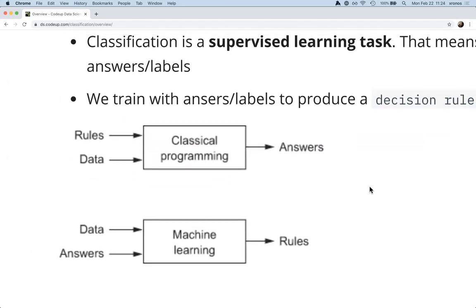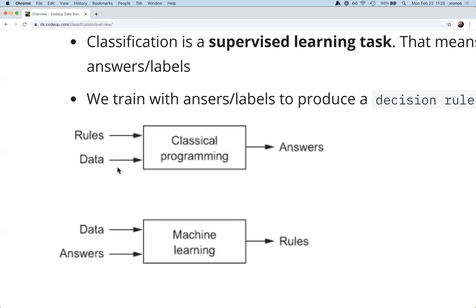In the diagram right here, at the very top, I've got an example of a flow of what I would call classical programming. Classical programming is things like, my first example is TurboTax, right? The TurboTax software takes in a set of rules. In this case, the rules would be tax law, right? Tax law for anybody's given circumstances, and based on their state or country. And then the data that we feed in there is your specific information or my specific information.